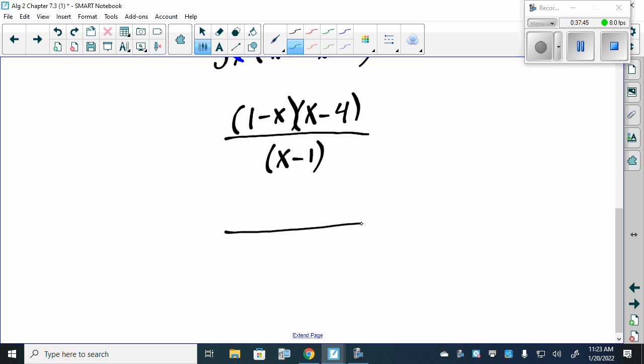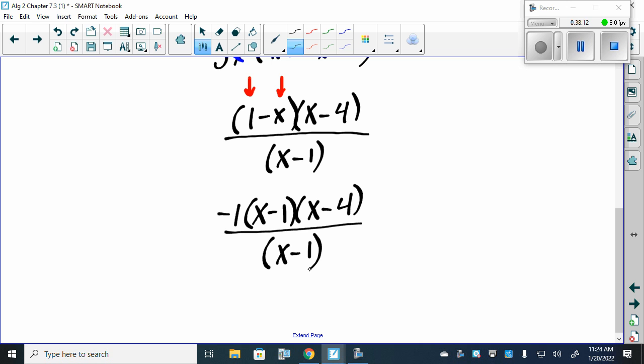Because what we can factor out of this is a negative 1. Because if I factor the negative 1 out, the x, which here is negative, is going to become what? Positive. And the 1 here, which was positive, is going to become negative. Well, now are they the same?